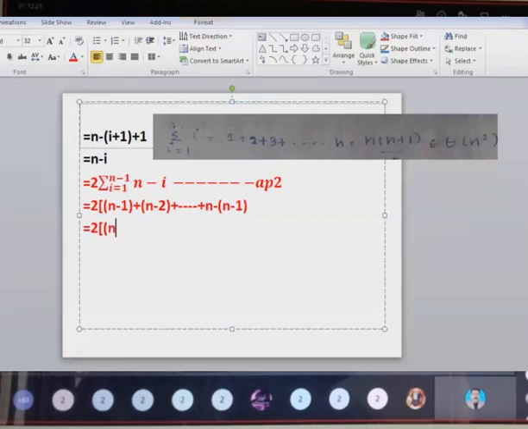2 within bracket n minus 1 plus n minus 1, n minus 2 plus, now we have n minus n plus 1. Okay.